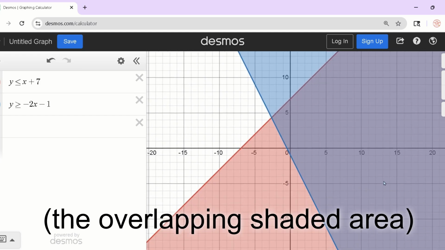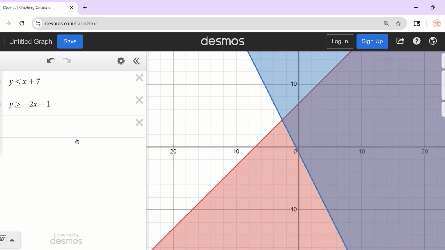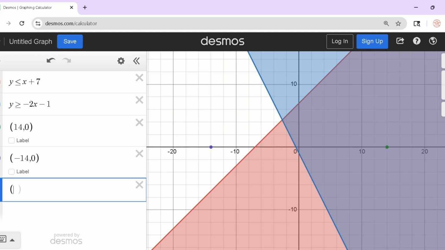Now, the 4 points that they gave, you can do this a couple ways. You could enter all these points here and see which one is in that area, or you can just look at the graph itself. Let's see, 14, 0, then negative 14, 0, 0, 14.